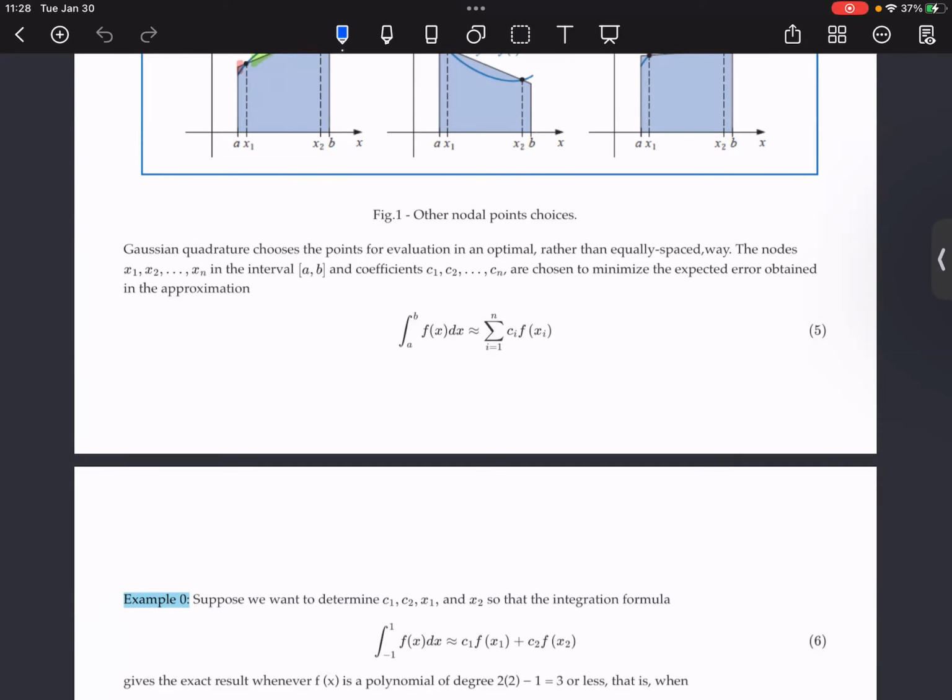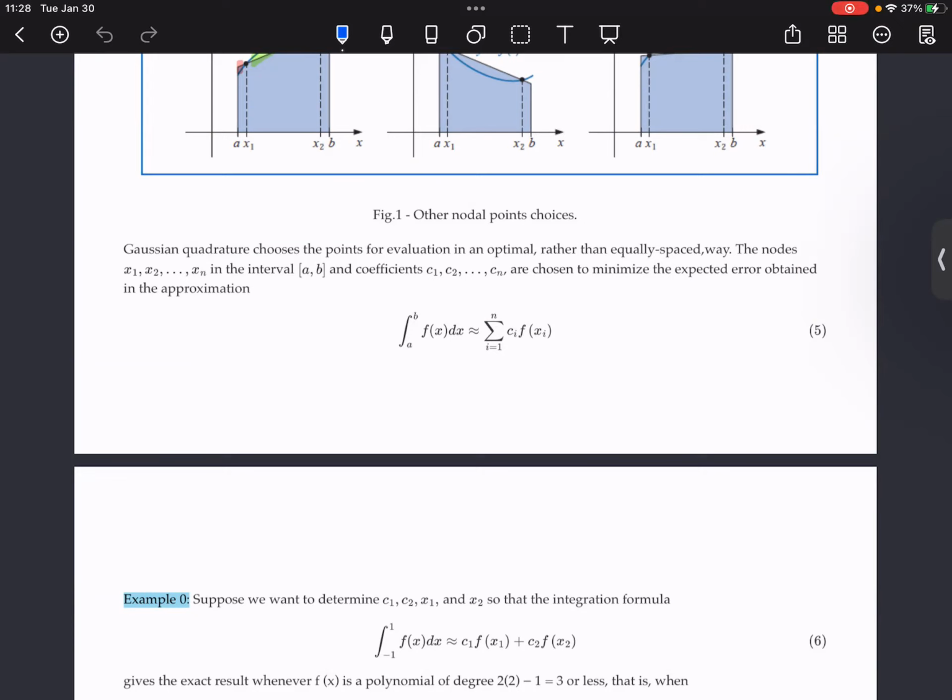If we have 2 nodal points, then we can have at most 2 times 2 minus 1 degrees of precision here.